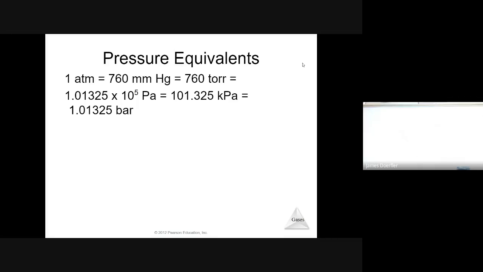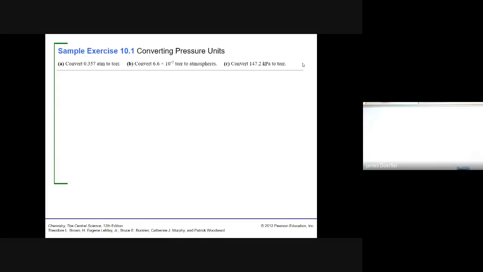So if you are converting from one of these units to another, these are the conversion values that you're going to use. So let's take a look at how we convert some of these.